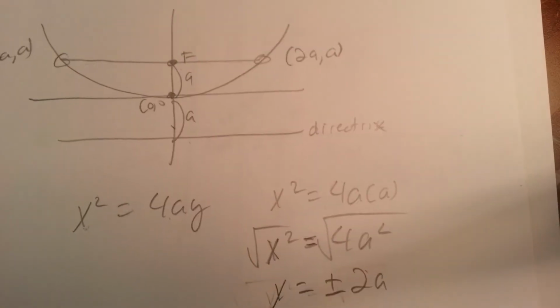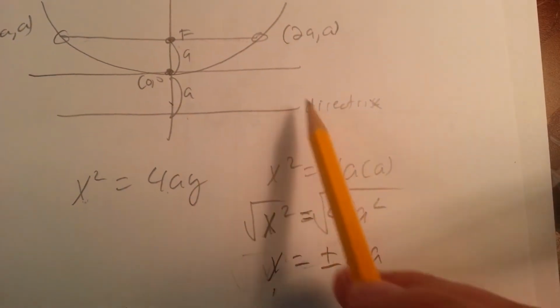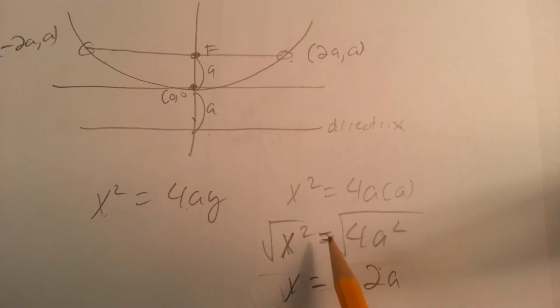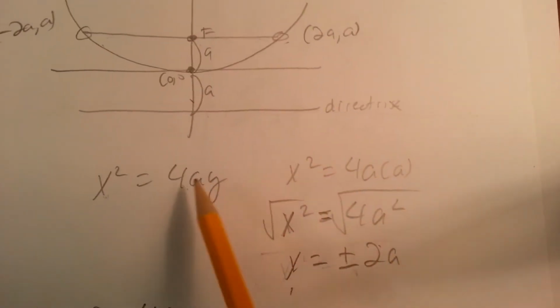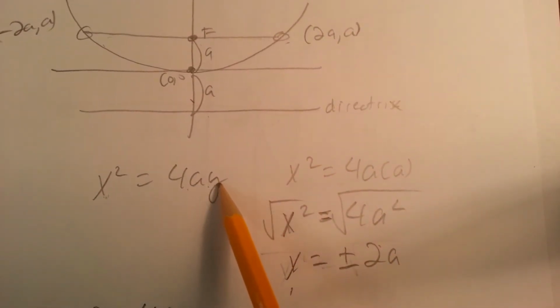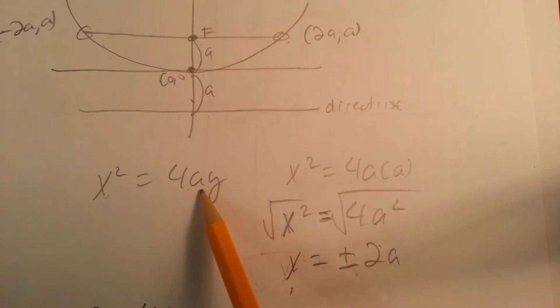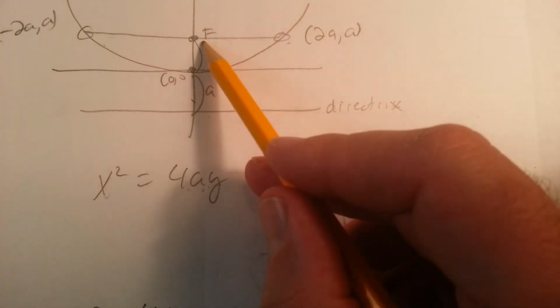Notice, if I want to find out what my x coordinates are, I'm going to plug into x squared equals 4ay. I know what a is, let's say. We know a is some distance.